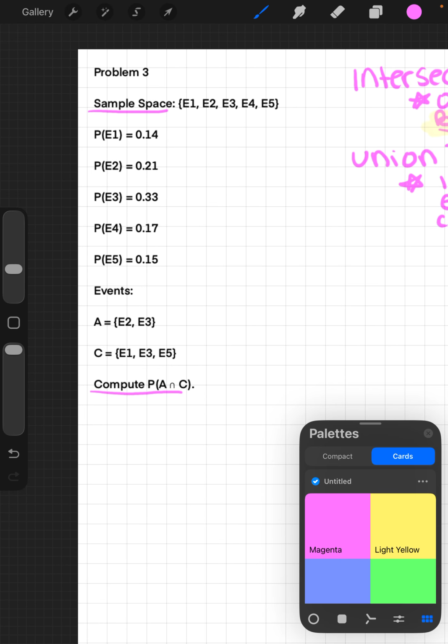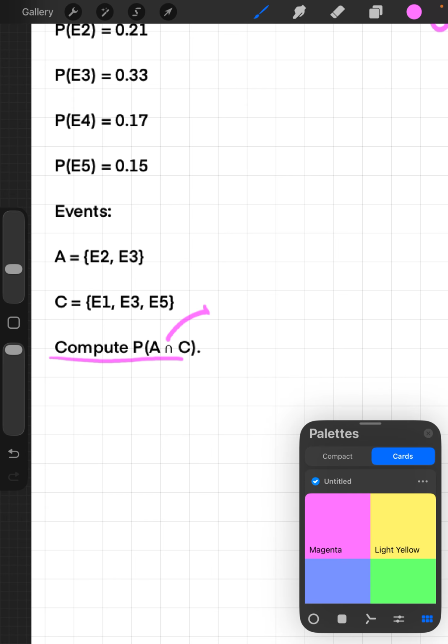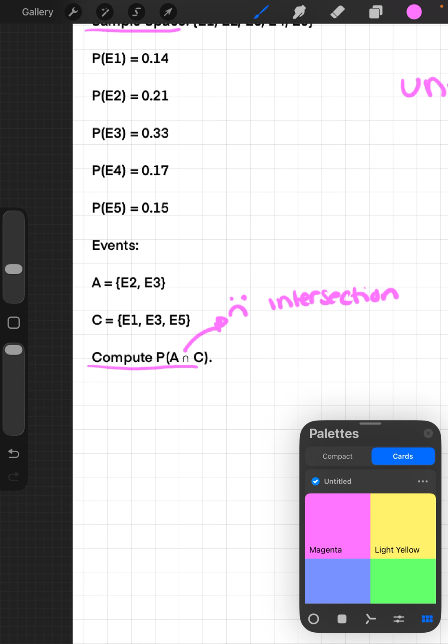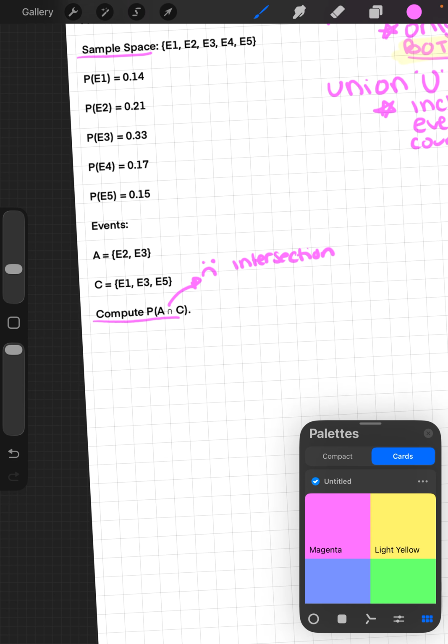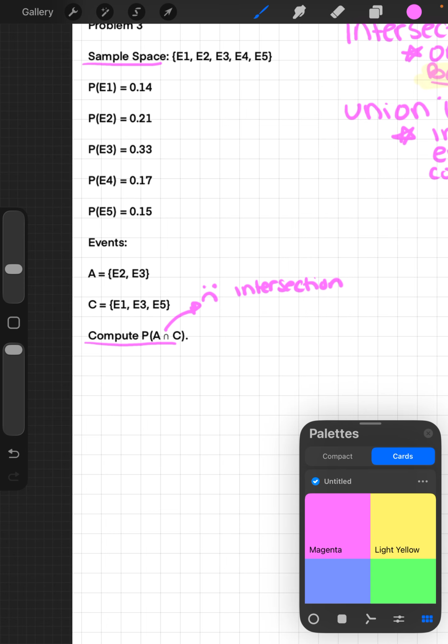For problem 3, we're going to find the intersection, because this is a sad face. Okay, let me see all the numbers.